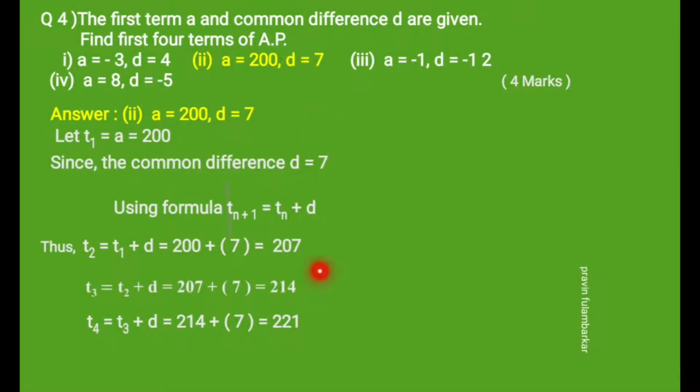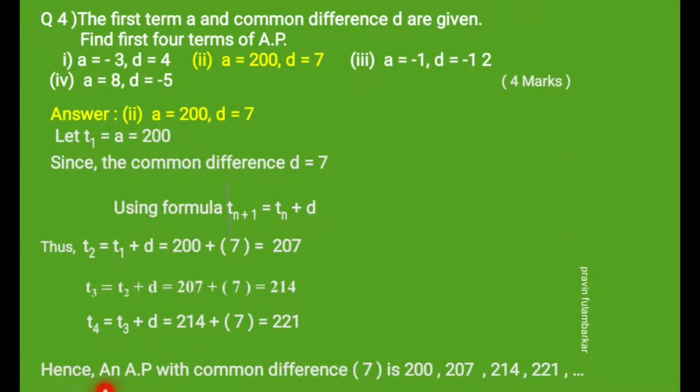So the first four terms are 200, 207, 214 and 221. So we write here an arithmetic progression with common difference 7 is 200, 207, 214, 221 and so on.